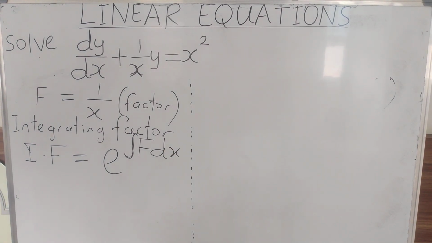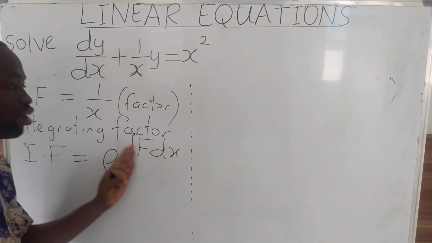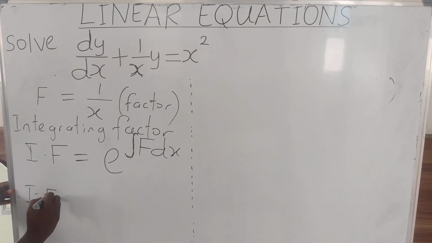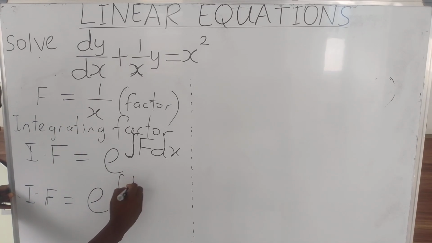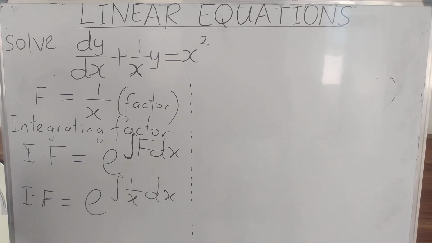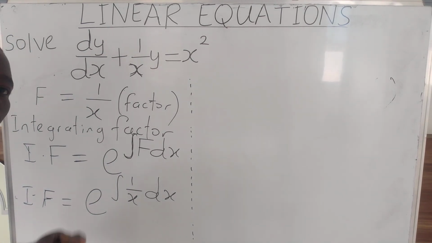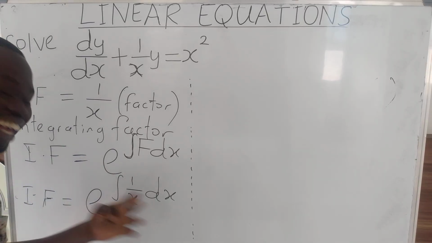So the integrating factor is e raised to the power integral F dx. Here it is going to give me e raised to the power integration of 1 over x dx. Of course, you know that when you integrate 1 over x, it's going to give you log x to base e, which we also call ln x.